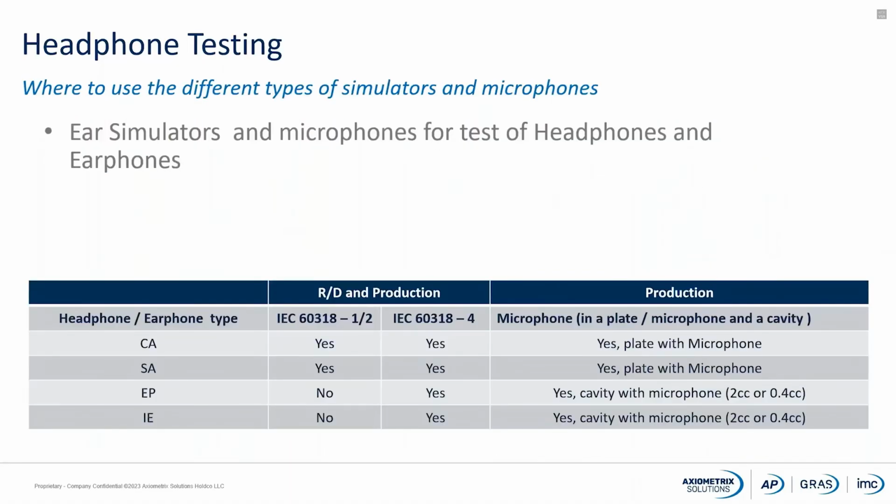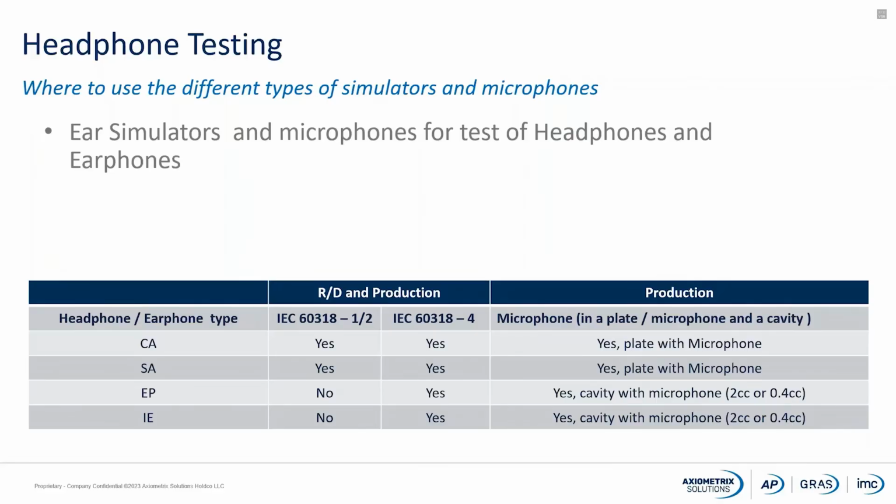If we have a little overview of the different ear simulators and microphones, and where we can use them in the different phases: in the R&D phase and in the production engineering phase, we will normally use an ear simulator. It could be either the IEC 60318-2 or -1.